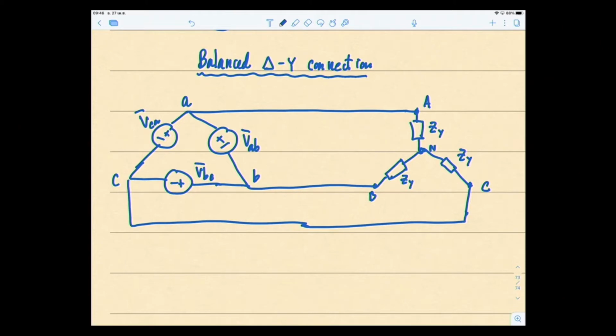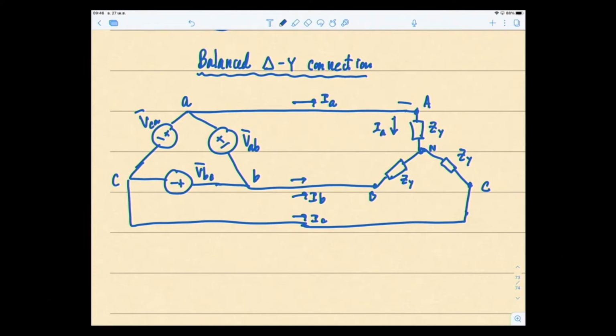Of course, the current, this is the line current IA, IB, and IC right here. IB flows in the line, comes here, and flows down here. So this is sort of like a phase current on this side, IA.